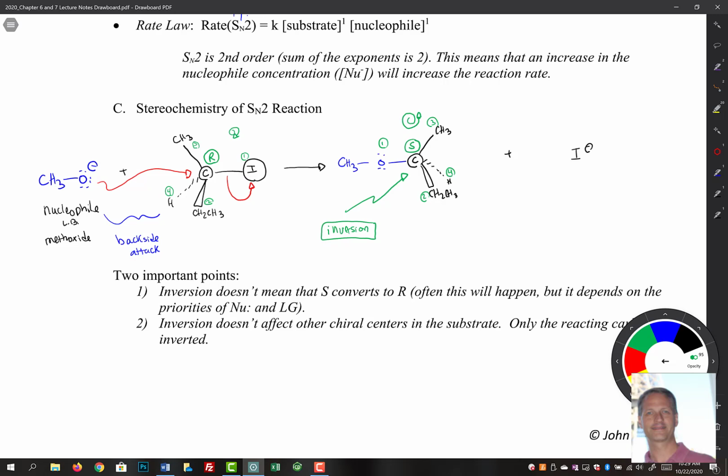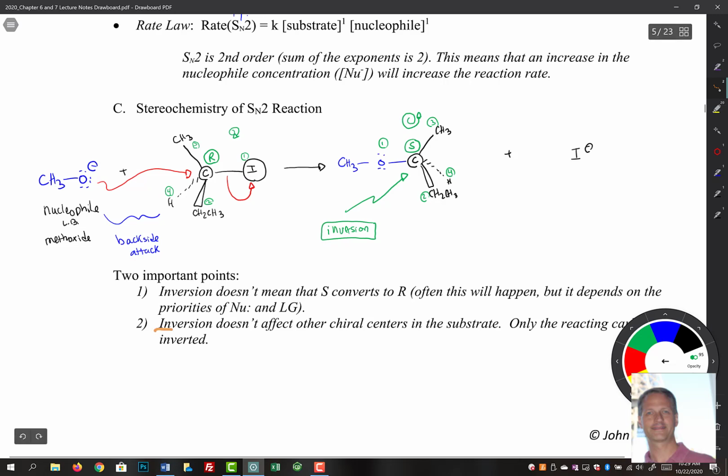The first one is that inversion doesn't mean that S converts to R, or in this case, R goes to S. Often this happens, but it depends on the priorities of our nucleophile and our leaving group. So we can do experiments in which this does not occur.